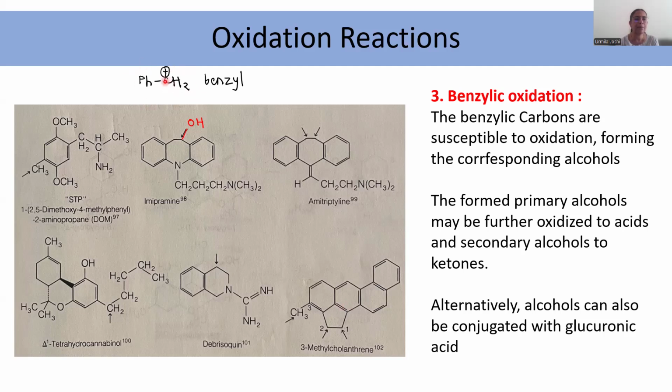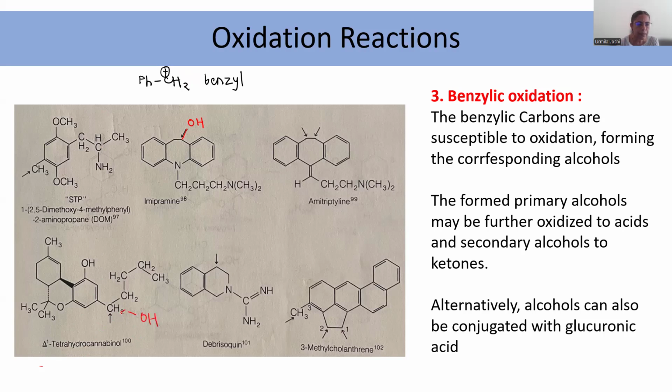Just try to understand the benzylic position. Benzylic position is the carbon, an aliphatic carbon, which is directly attached to the phenyl ring. Note everywhere that this is an alicyclic or aliphatic carbon. Look at this. This is an aliphatic carbon. Such an aliphatic carbon is then converted to CHOH.